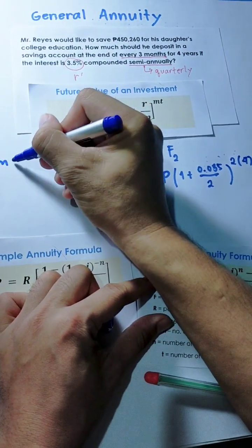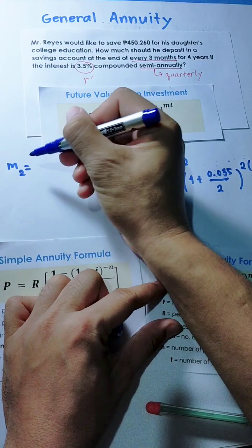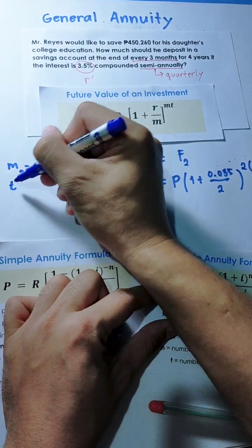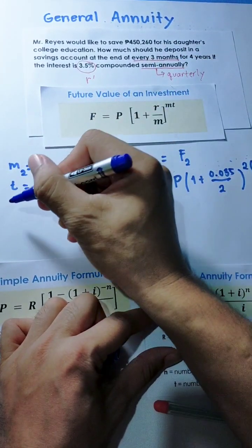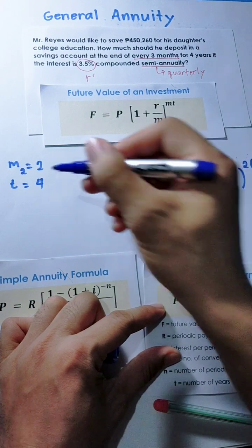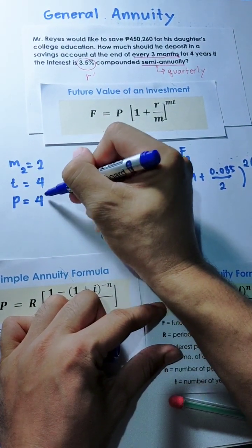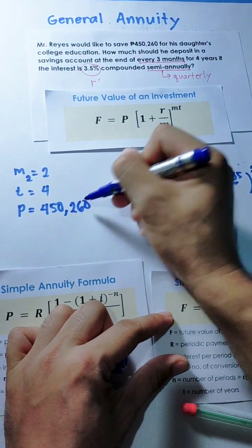We'll denote M2 as the original one, semi-annually, and T is equal to 4. The present value is 450,260.